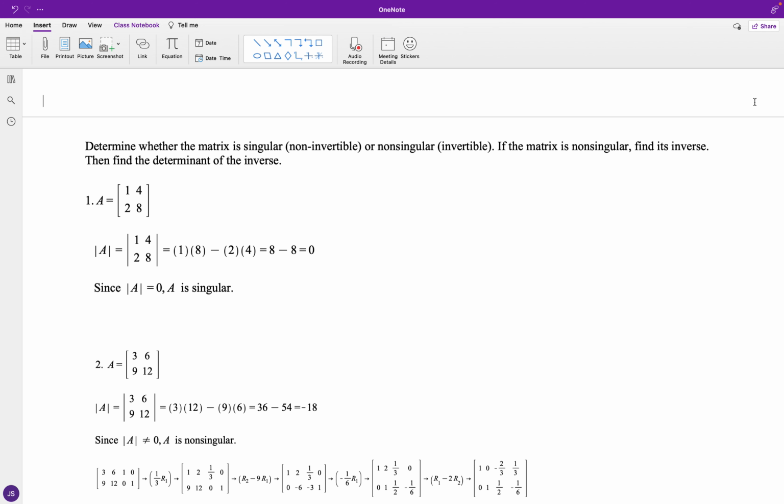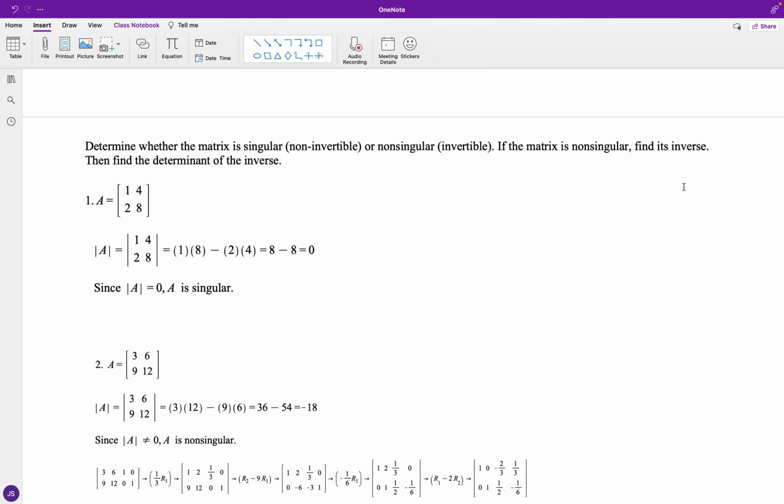Now, looking at classifying whether a matrix is singular, or non-invertible, or non-singular, which would be invertible. If the matrix is non-singular, we are asked to find its inverse and also the determinant of the inverse. First, matrix A is a 2 by 2, where the first row is 1 and 4, and the second row is 2 and 8.